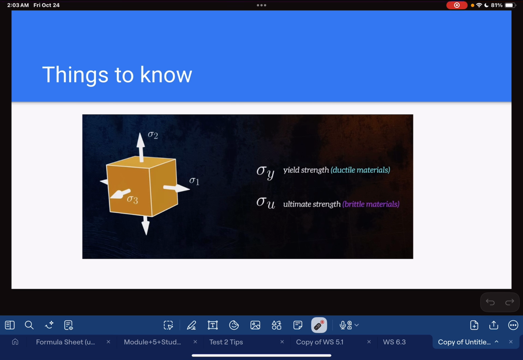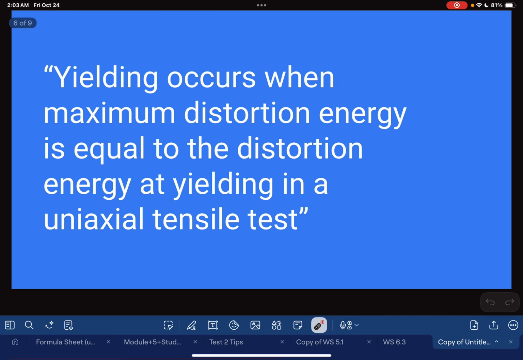Two small things: this will represent the yield strength for ductile materials, and this will represent the ultimate strength for brittle materials. And the exact definition is that yielding occurs when the maximum distortion energy is equal to the distortion energy at yielding in a uniaxial tensile test.